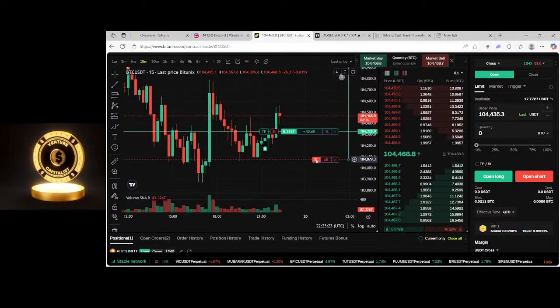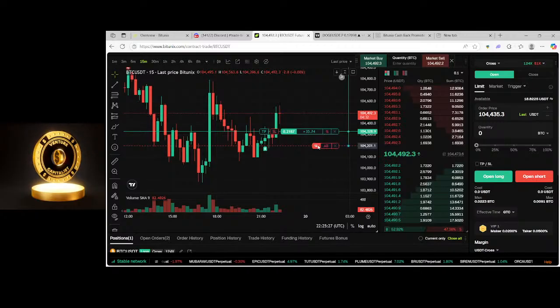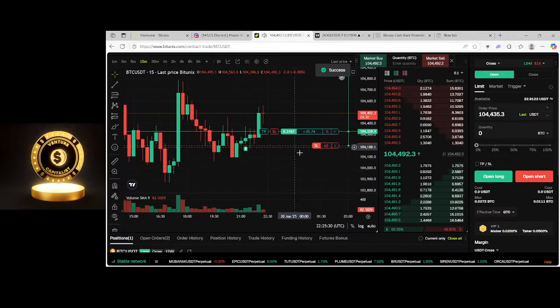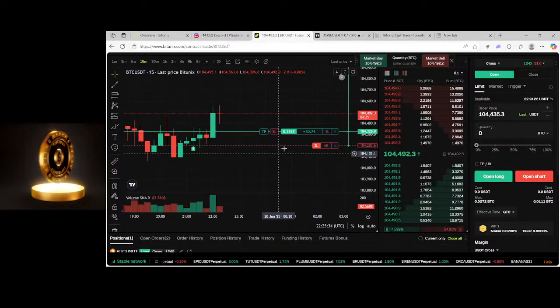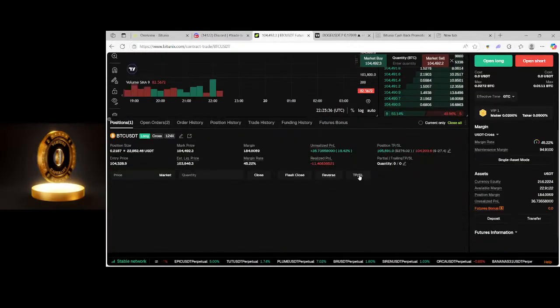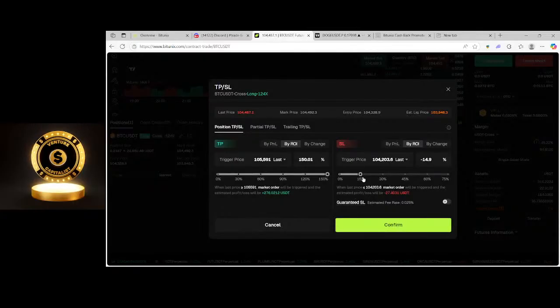So when I adjust my stop loss by hand and I move it up because I'm in profit, I'm looking for what's called a trailing stop loss. I'm doing it manually. Now when I go back to my stop loss, you can see that I manually moved it, and it went from 30 to 15 on the edit button, right?